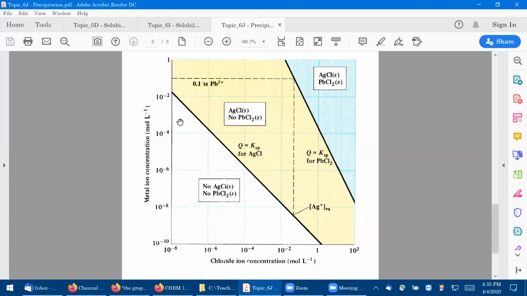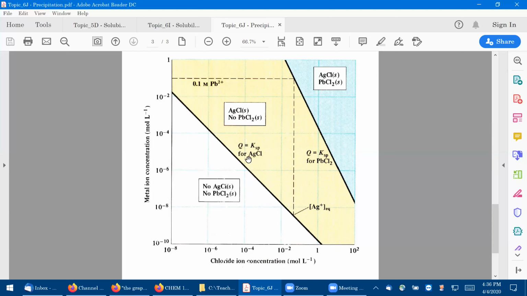And so anywhere in this white region down here, the concentrations of the silver, the lead, and the chloride are such that it is not at equilibrium, and so no precipitation of either one of those two salts will occur. What will happen instead is that more of them could dissolve until this line is reached right here. This is the line where the Q now is equal to the KSP of silver chloride.